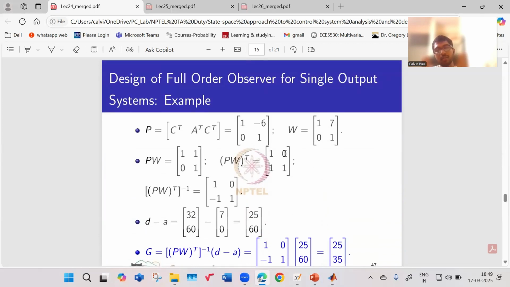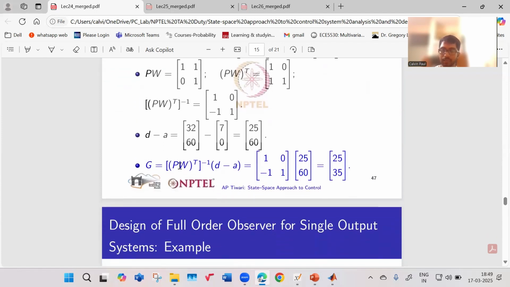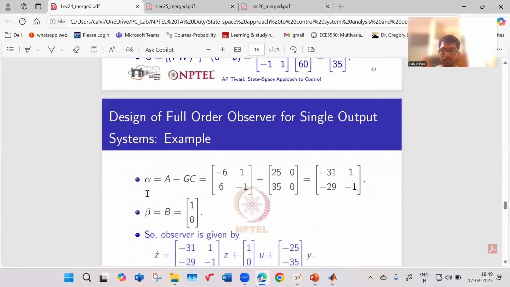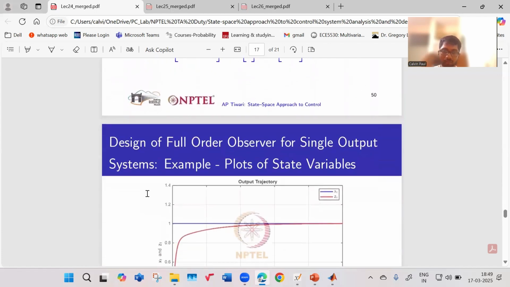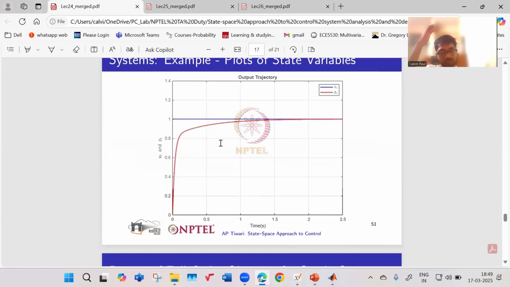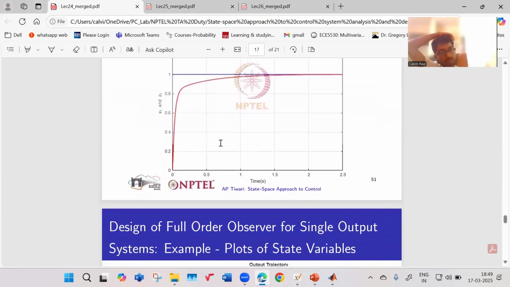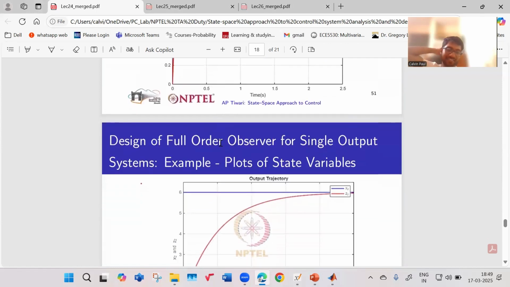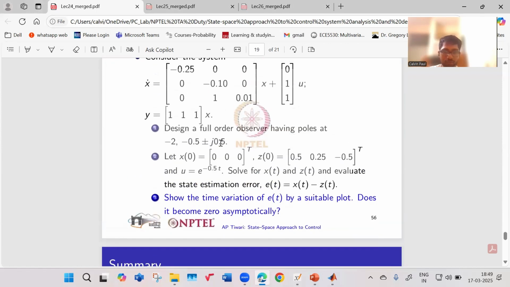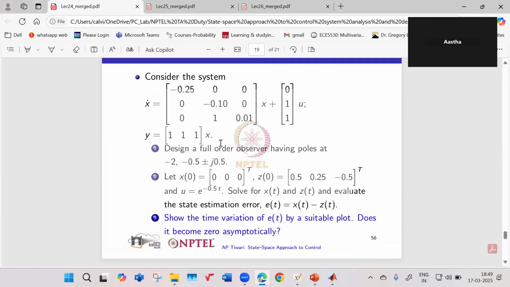And here, let's consider using the Bass-Gura algorithm to find out the gain G. And these are the outputs as shown. Okay, so let us consider this system. We will design a full order observer having poles over here.